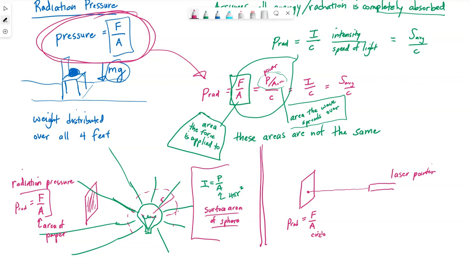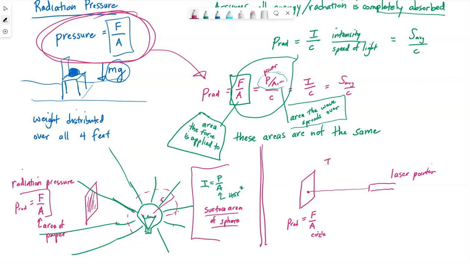I wouldn't want the area of all of the paper because not all of the paper is being hit by the light. The light is not shining on the entire paper. So I only need the area that the light is actually shining on because we're talking about the force or pressure from the light itself.